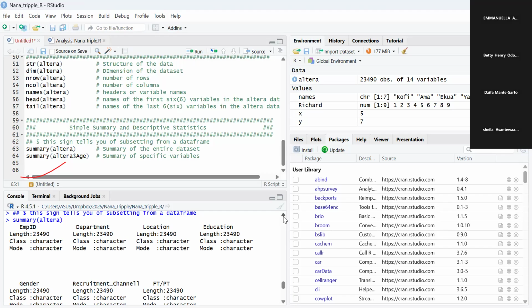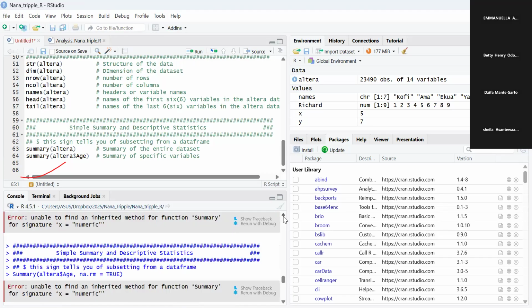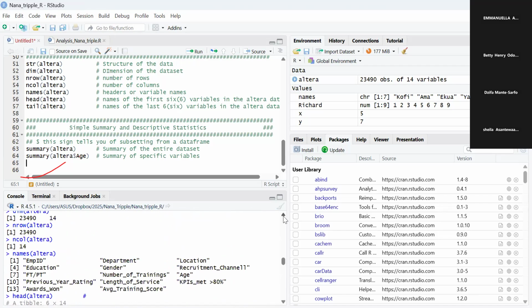Okay, so let's look at this. First, before I do anything, go back to the data set. I like to use the names, right? If you go to the names, it says it has ID, it has department. Let's view the data set. Now, there are two ways of viewing the data set. Please look at me.